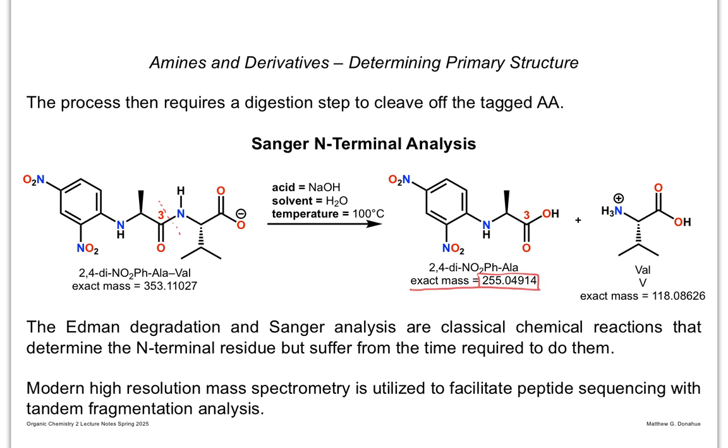So from the mixture, we separate, we find out what the masses of the different products are. We look at our library and we say, okay, this one matches alanine when it's tagged with that reagent. So we know, therefore, that alanine had to be at the N-terminal residue.